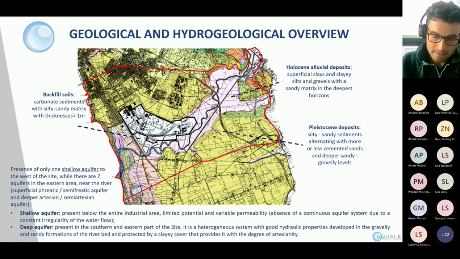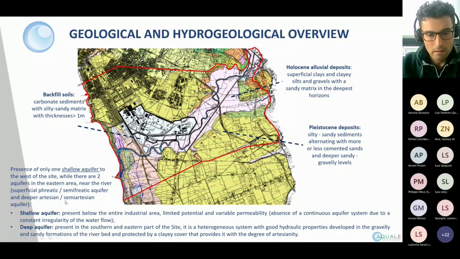In more detail, from a hydrogeological point of view, we have the presence of two aquifers. A shallow aquifer in the west part of the site and two different aquifers in the eastern part, a shallow aquifer and a deeper aquifer.